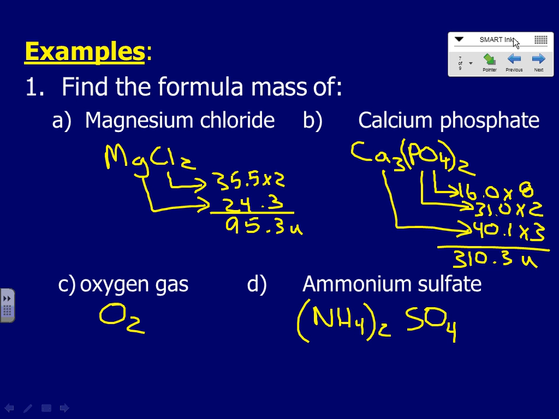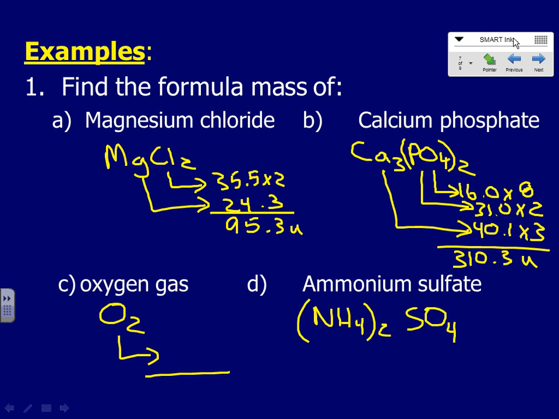This sheet has some extra practice problems that I'm going to be assigning as I go along here. What do we have for O2? Yeah, Janessa, what do you got? Just give me the total.